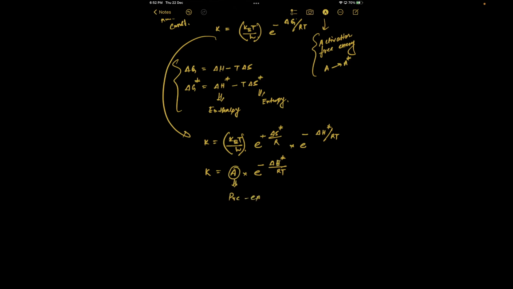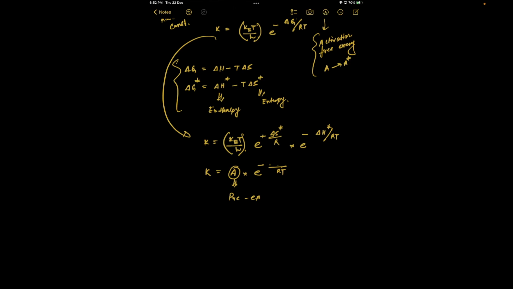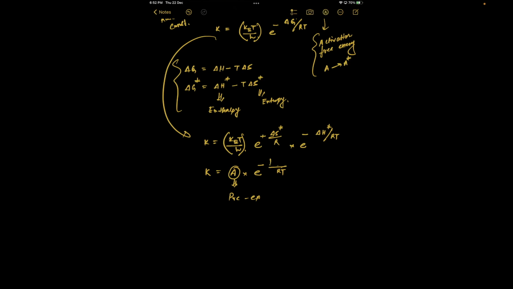This is E_A by RT. E_A is the activation energy, and A is the pre-exponential factor.